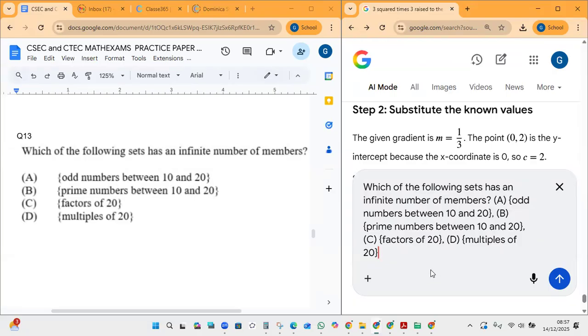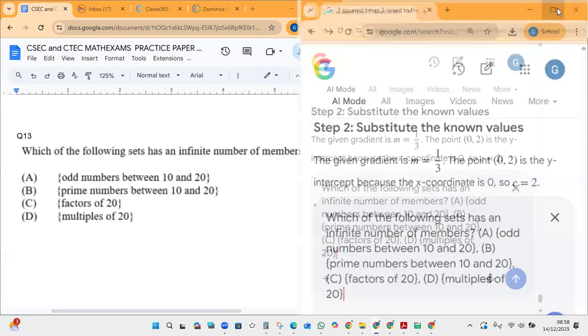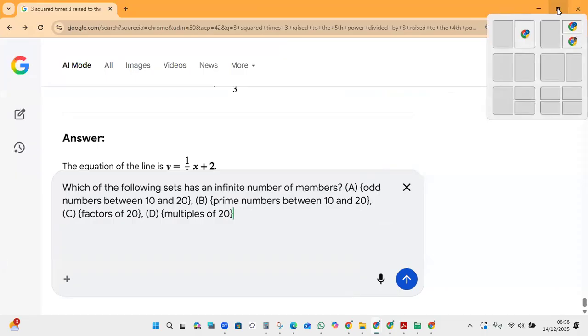So let us see if AI recognizes what I'm asking it. I've been as detailed as possible according to this question because I need to show AI the options. You can say which of the following sets. That's what the question says. So let's see.